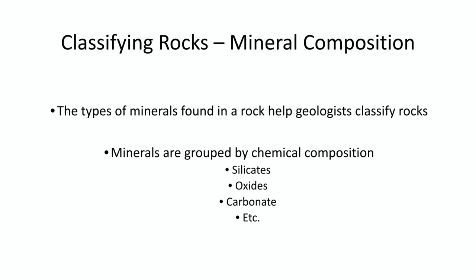Minerals are grouped by their chemical composition. So we have a group of minerals called the silicates, a group called the oxides, and a group called the carbonates. And how many silicates versus how many oxides versus how many carbonates are in a rock is going to help us start to break it down into subcategories.